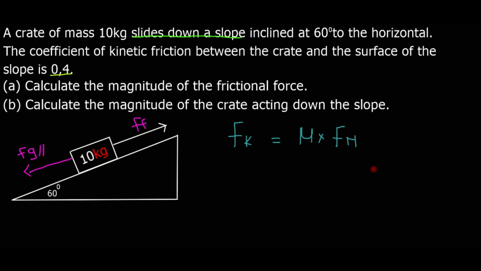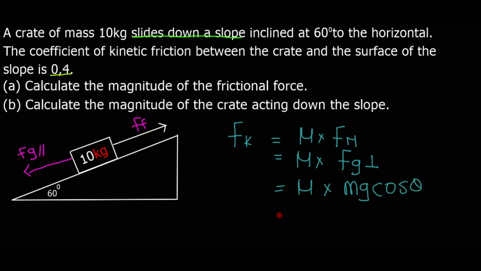So we must calculate the normal force first. But remember, on the incline, to find the normal force, it is Fg perpendicular. So this is the same as saying normal force equals Fg perpendicular, and Fg perpendicular is mg cos theta.